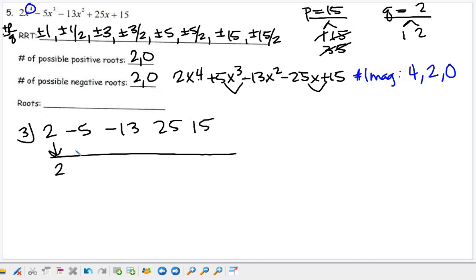So 2, 3 times 2 is 6. Add, multiply, add, multiply, add, multiply. Yay! But again, we have that same problem.